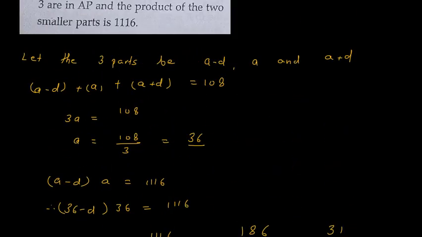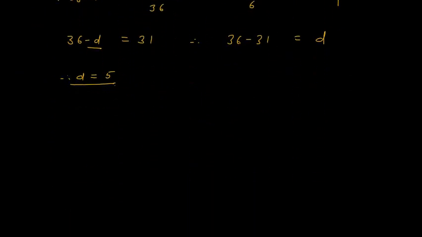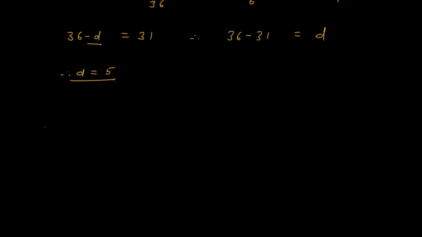Now I have to divide into 3 parts. So therefore the 3 parts are: first part is a minus d. So a is 36 minus d is 5, so it is 31.